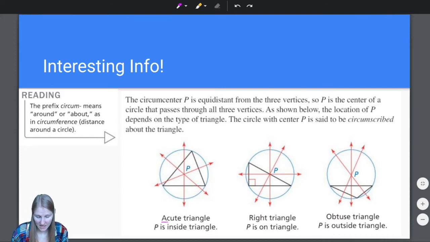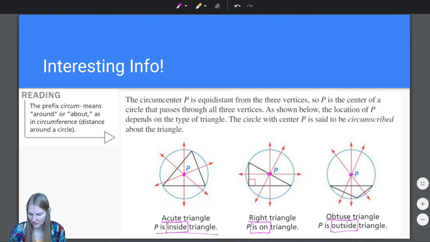If we have an acute triangle, remember we learned about the types of triangles in 5.1, how to classify acute, right, and obtuse, the circumcenter is inside. If we have a right triangle, the circumcenter is on the edge. It is on the hypotenuse of the triangle. And if we have an obtuse triangle, the circumcenter is actually outside of the triangle.